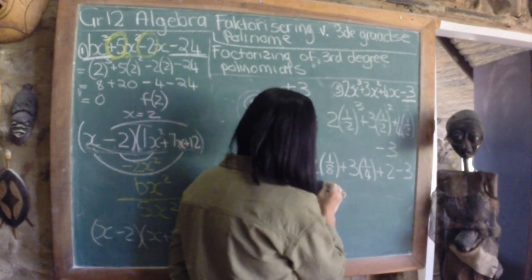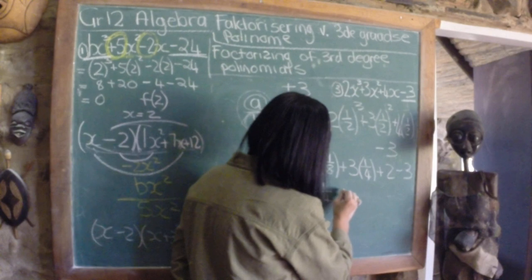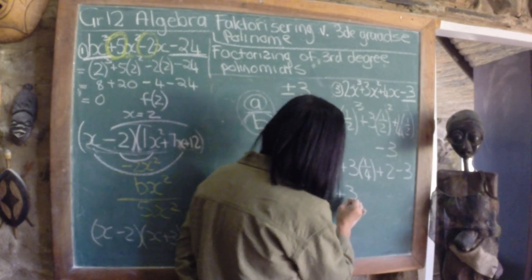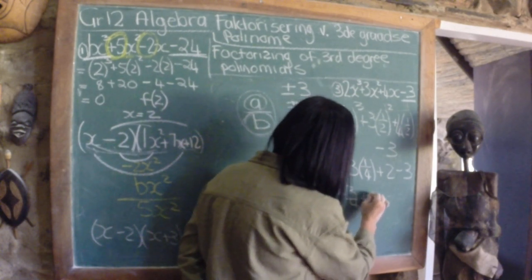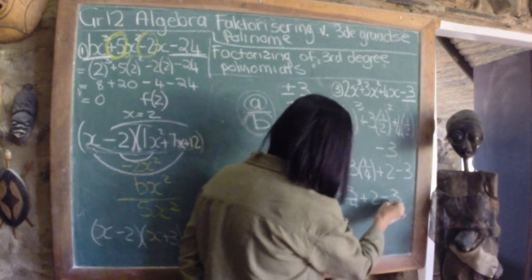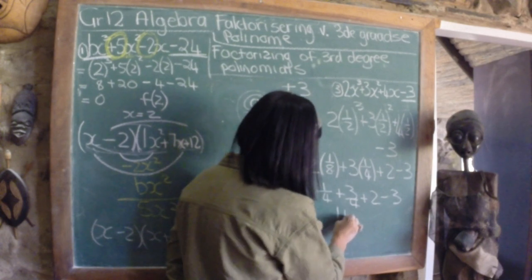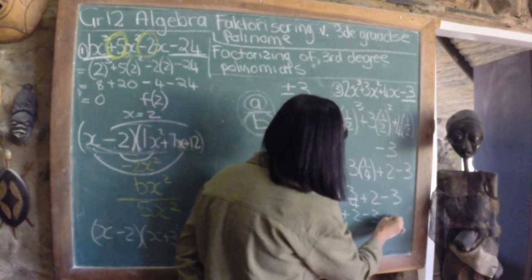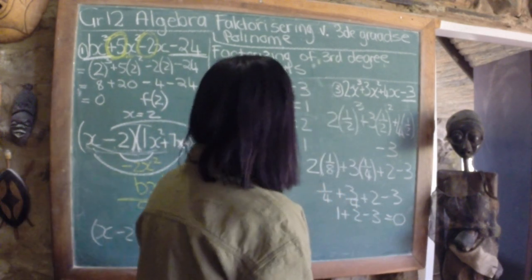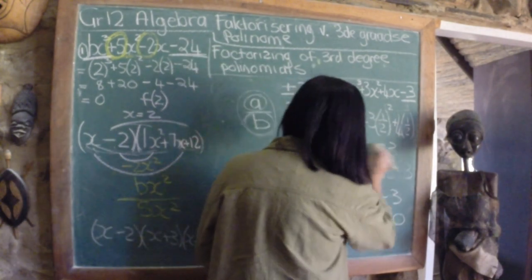So we have a quarter plus 3/4 plus 2 minus 3. So a quarter plus 3/4 is 1, plus 2 minus 3 is 0. A half is the 1.